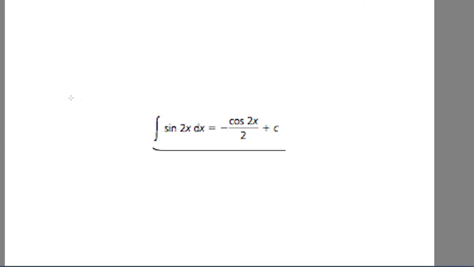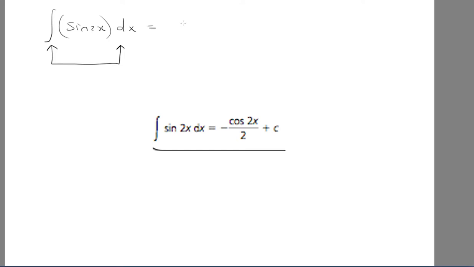Alright, so let's take a look. If I want to integrate sine 2x, we know that you have to put this symbol here and this symbol here. These two symbols represent integration. Okay? So this means I'm just integrating this part here. If I integrate sine, what should I get?